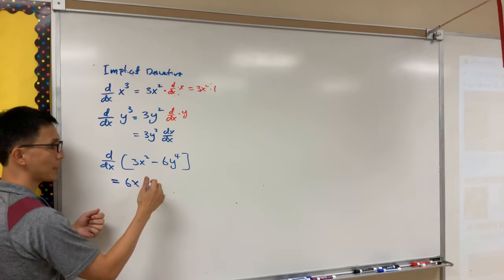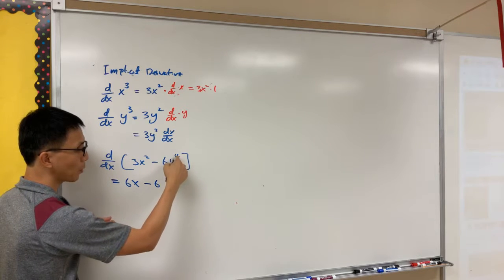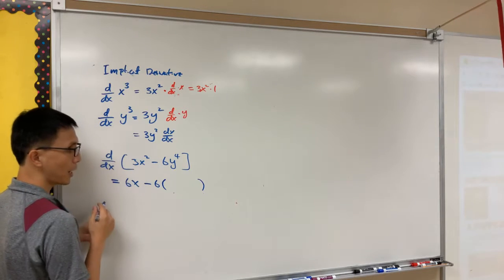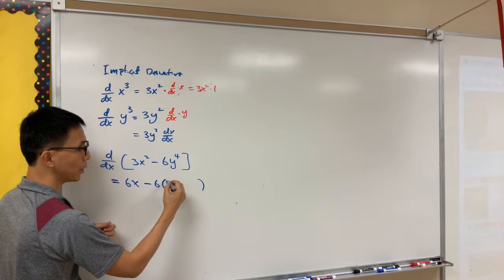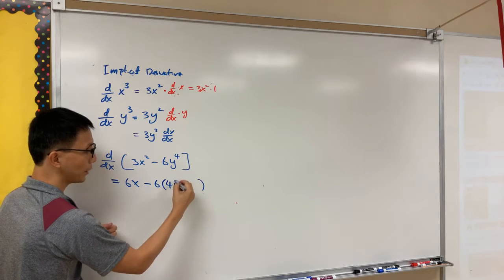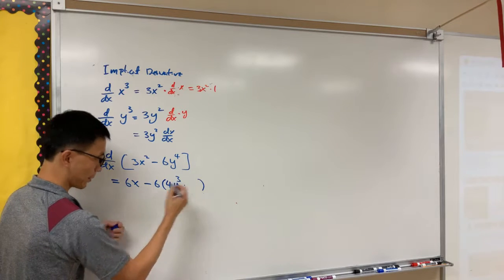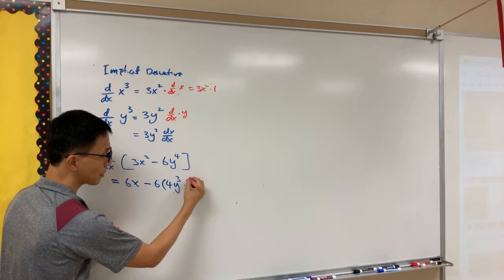Now this is a negative 6 times the derivative of y. So I'm going to keep the negative 6 outside here. Do you see that? I'm going to take a derivative of y to the 4. So what's the derivative of y to the 4? 4y cubed dy/dx. See that dy/dx? You cannot lose that piece.